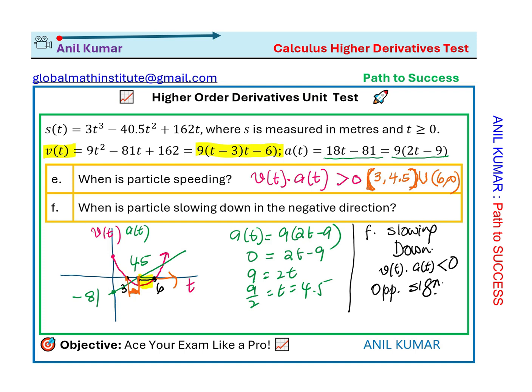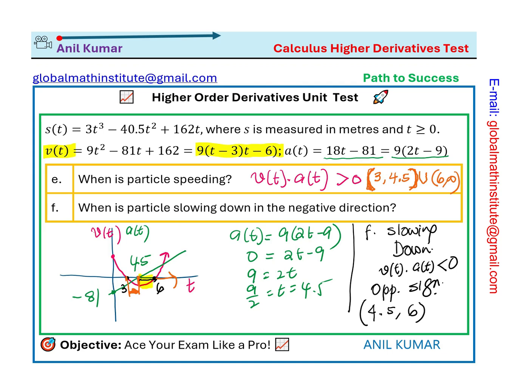Now, slowing down. Now it says, when is the particle slowing down in the negative direction, right? So negative direction means when velocity is negative, correct? And slowing down means opposite. So the answer is from 4.5 to 6, correct?